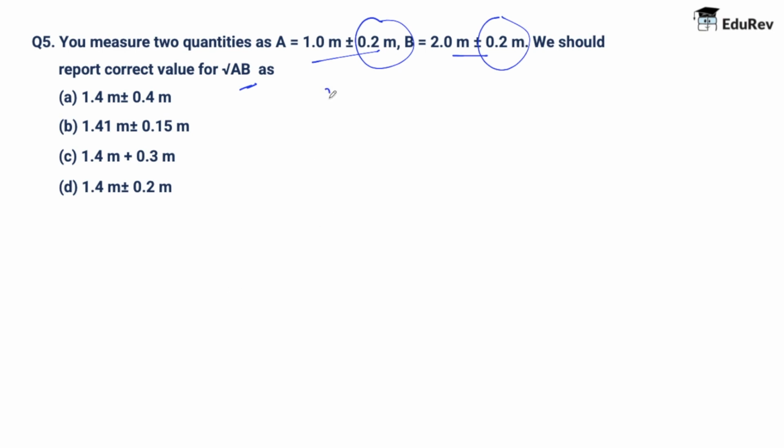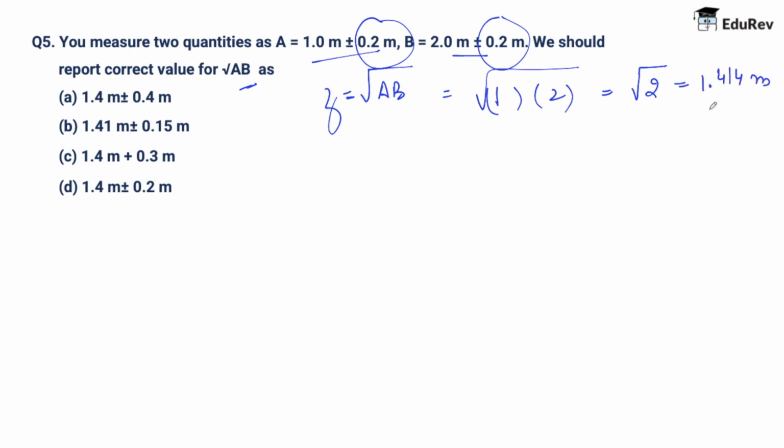Let's suppose that Z is nothing but under root of AB, and A is 1, and B is 2. So Z is nothing but under root of 2, which is 1.414 meters. Correct. Now rounding off to two significant digits, I can say that Z is 1.4 meters.